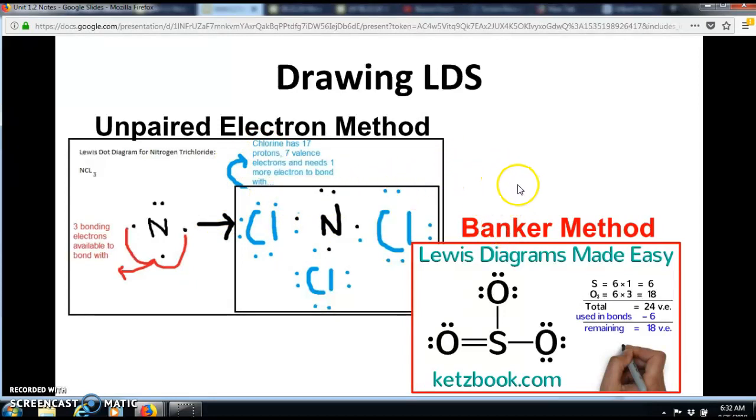So we're going to use what I like to call the banker method, where instead of trying to pair up unpaired electrons, you're throwing all of the valence electrons in this big pot or big bank, and every atom that needs them to get the full octet will take them out as necessary. So there may be some sharing, you may have some lone pairs. And this method is actually quite easy and very useful.